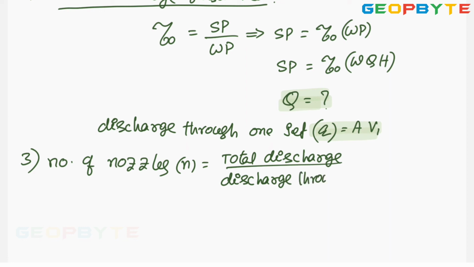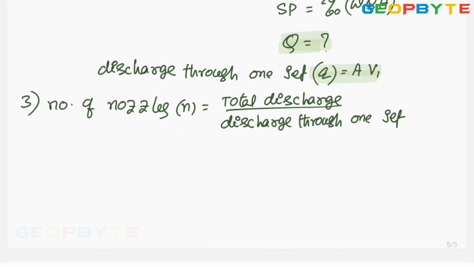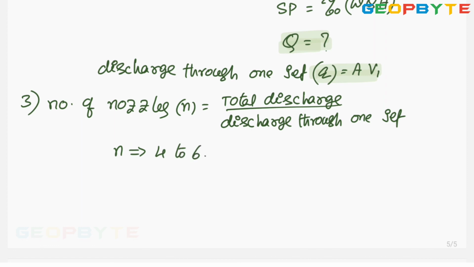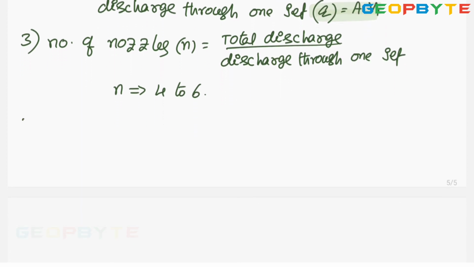Generally the number of nozzles n varies from 4 to 6.